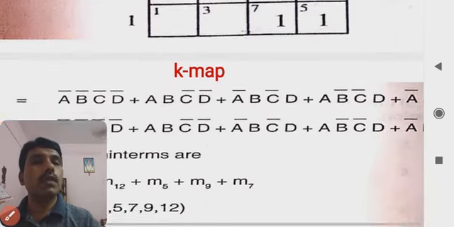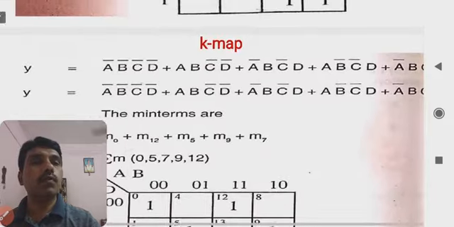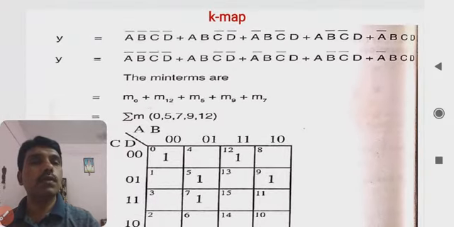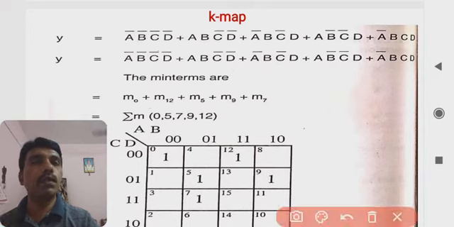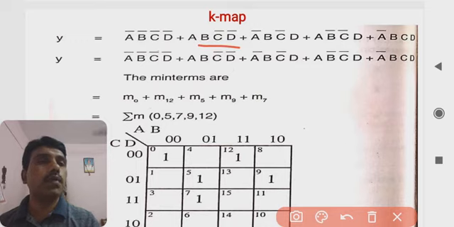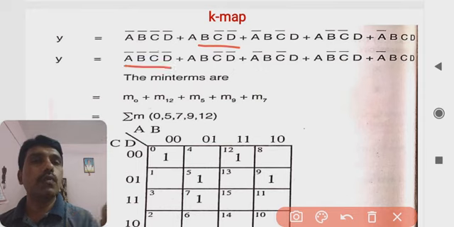Here is another example for 4 variables: A complement B complement C complement D complement, A B C complement D complement, or A complement B C complement D, A B complement C complement D, or A complement B C D. So again we have to find the min terms. The complemented part is 0, so A complement B complement C complement D complement is 0 0 0 0, which is 0.